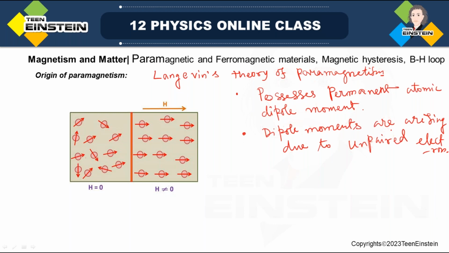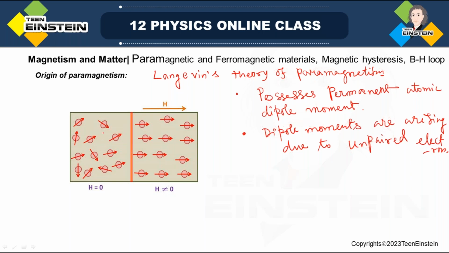Due to an unpaired electron, a single electron has its spin. So this paramagnetism is originating from the electronic spin, or unpaired electron. So paramagnetic substances possess permanent atomic dipole moment due to unpaired electron spin.